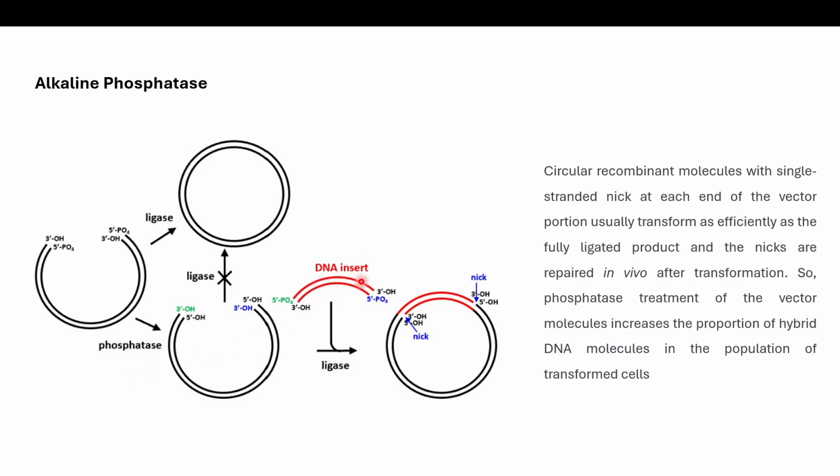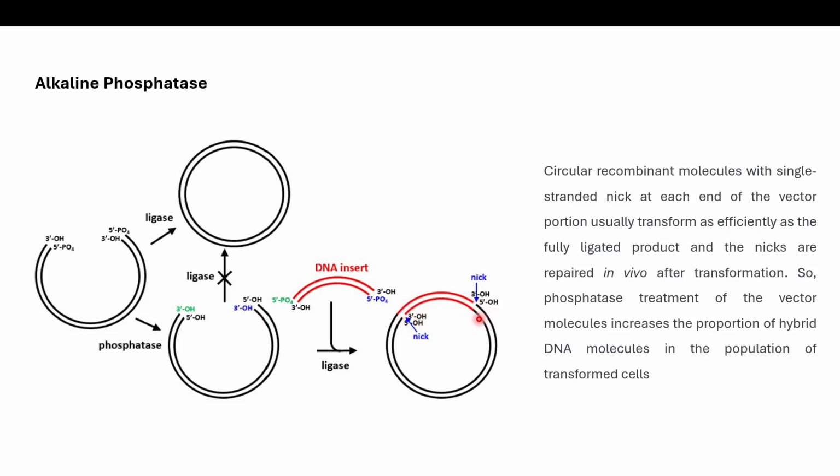Now, suppose we have our insert DNA. Because this insert DNA has free 5' phosphates on both strands, as we saw here, it can ligate to the vector's 3' OH, and ligase can act on the 5' phosphate to create a phosphodiester linkage. Here as well, this 5' phosphate and this 3' OH can join to form a continuous strand.